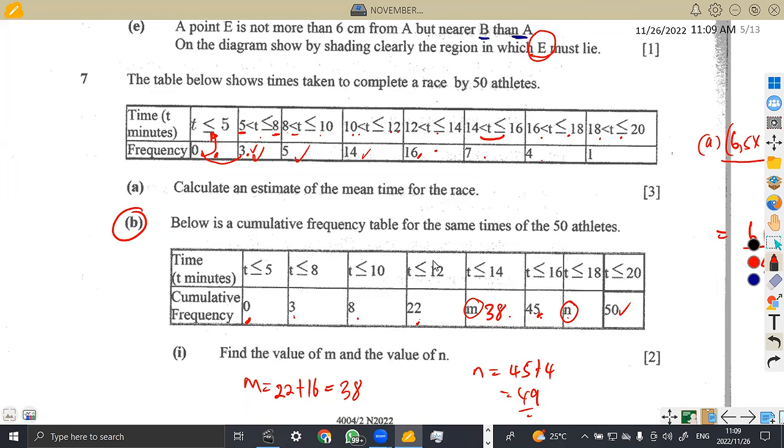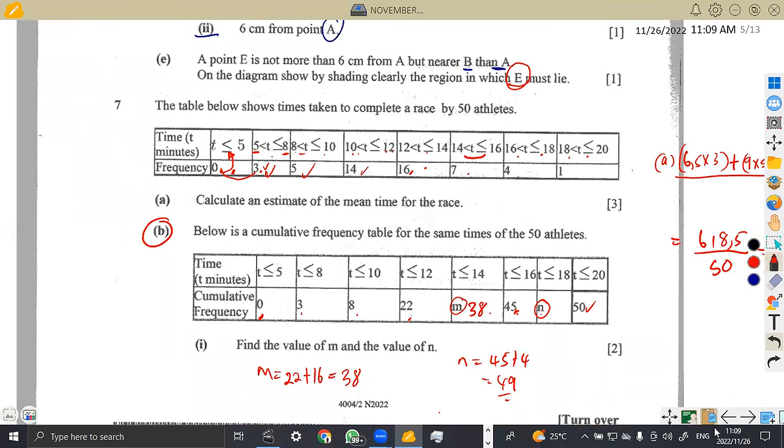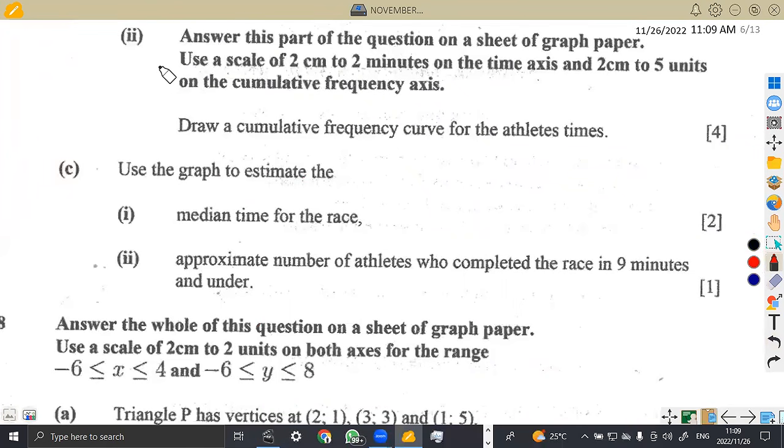And then from this information, let's check what we had on the other part of the question. We are now given, answer this part of the question on a sheet of graph paper. Use a scale of 2 centimeters to 2 minutes on the time axis and 2 centimeters to 5 units on the cumulative frequency axis. Remember, you're supposed to have the cumulative frequency on this side, then these will be the upper classes.